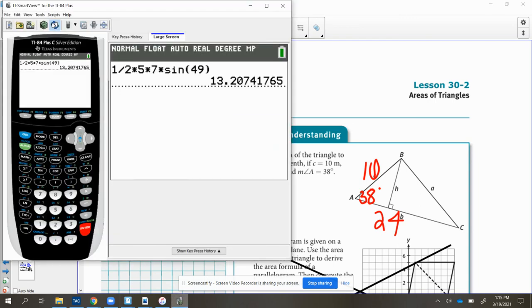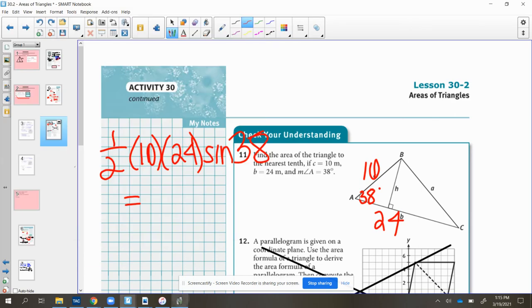And again, as you type this in, 1/2 times side times side times the sine of the angle in the middle, which is, oops, sorry, 38 on this last one. Excuse me. And we get a total of 73.9. And this time we're in meters squared.